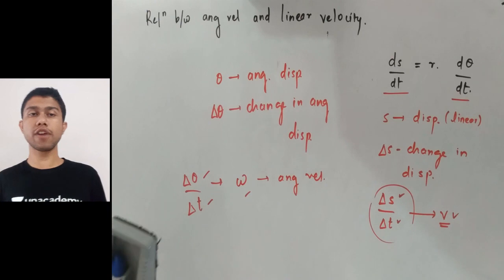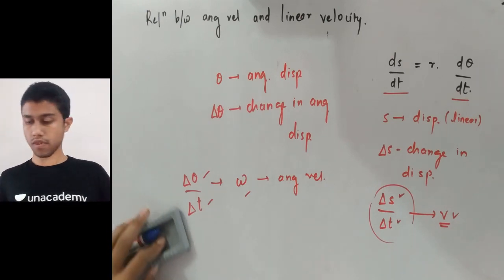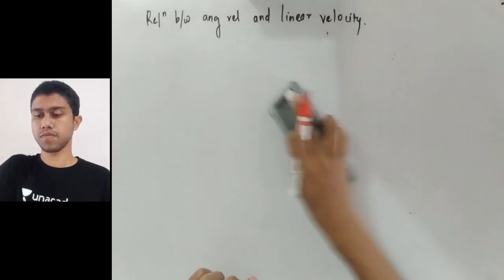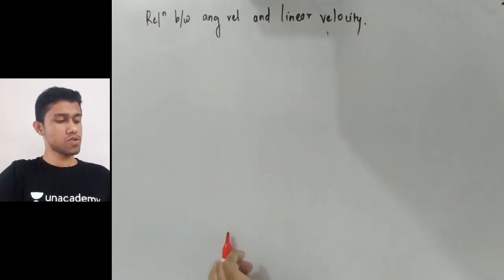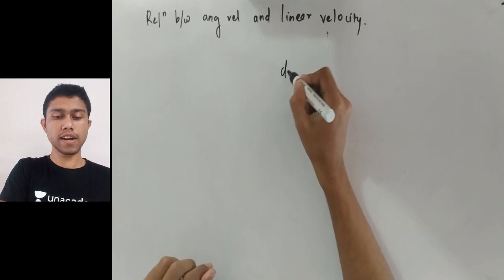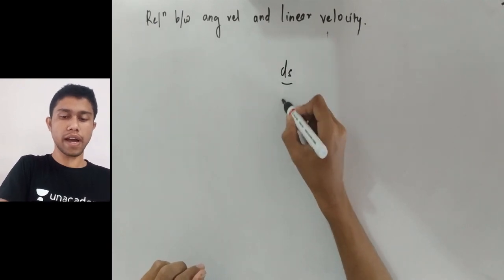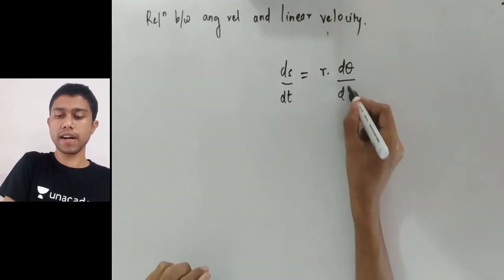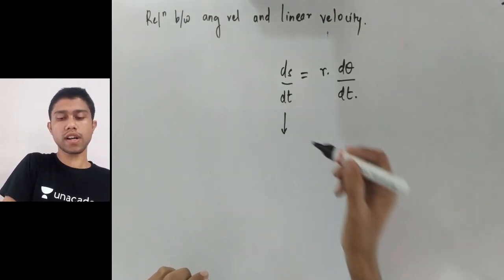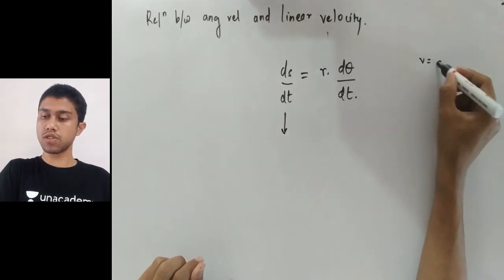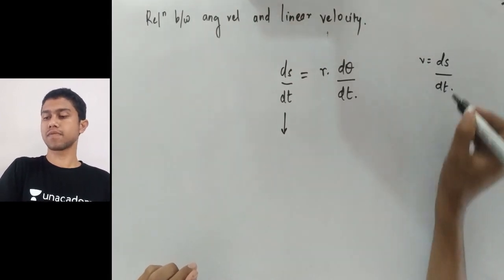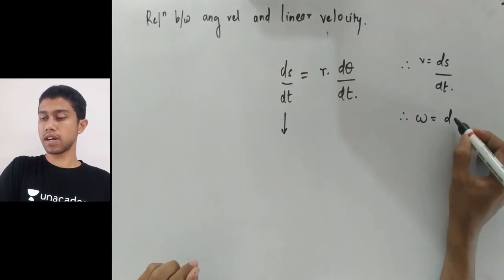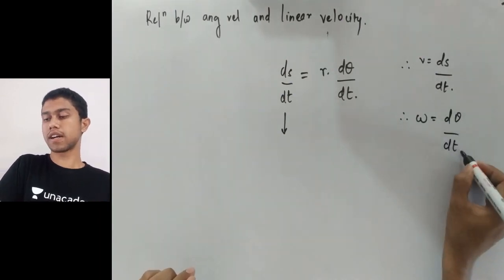So I'll now write a new formula. Initially, what was my formula where I started? ds by dt is equal to r d theta by dt. So I know v is equal to ds by dt, and I also know omega is equal to d theta by dt.